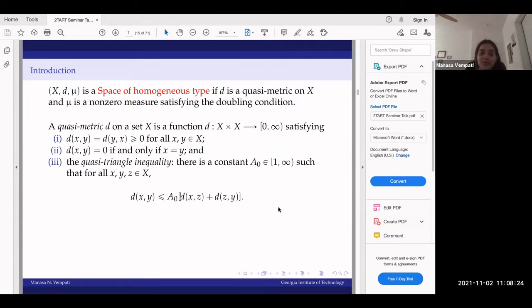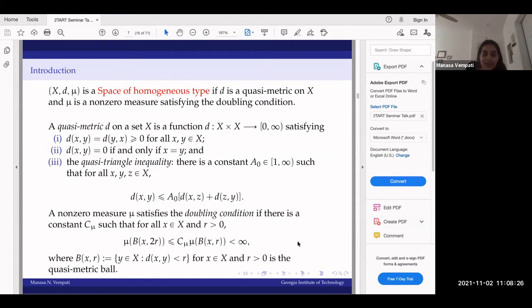Now coming to the measure that satisfies the doubling condition. We say a non-zero measure mu satisfies the doubling condition if there is a constant c_mu such that for all x in the space of homogeneous type and all r greater than 0, the mu measure of the ball centered at x with radius 2r can be bounded above by c_mu times the mu measure of the ball centered at x with radius r, and we take this to be a finite quantity.